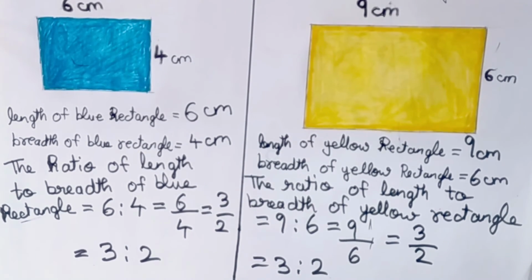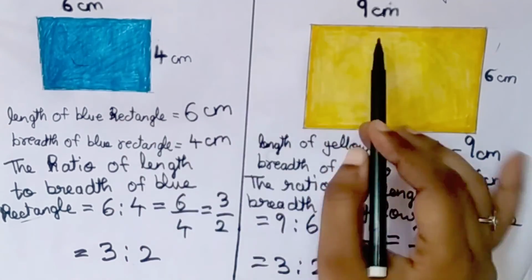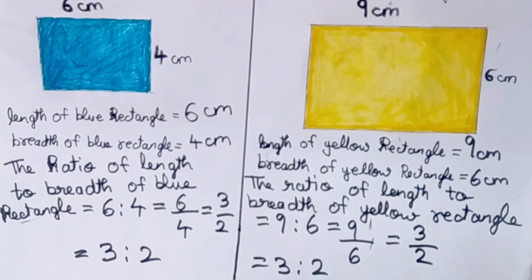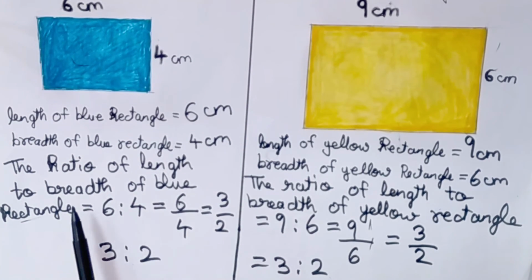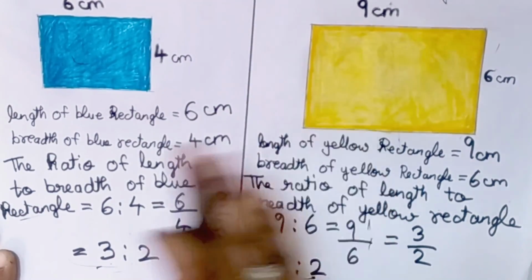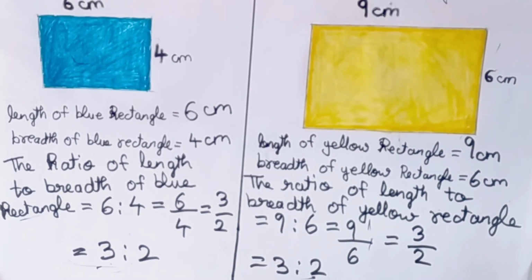So proportion means if two ratios are equal, then we say both the ratios are in proportion. This example will be very useful to understand the difference between ratio and proportion.